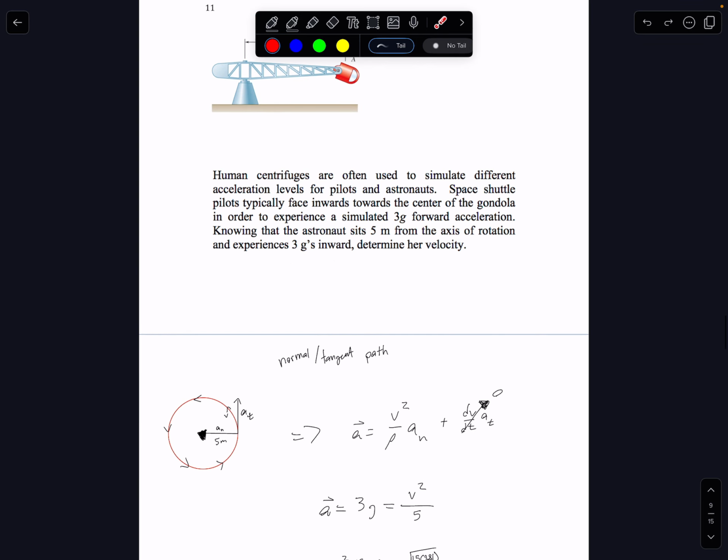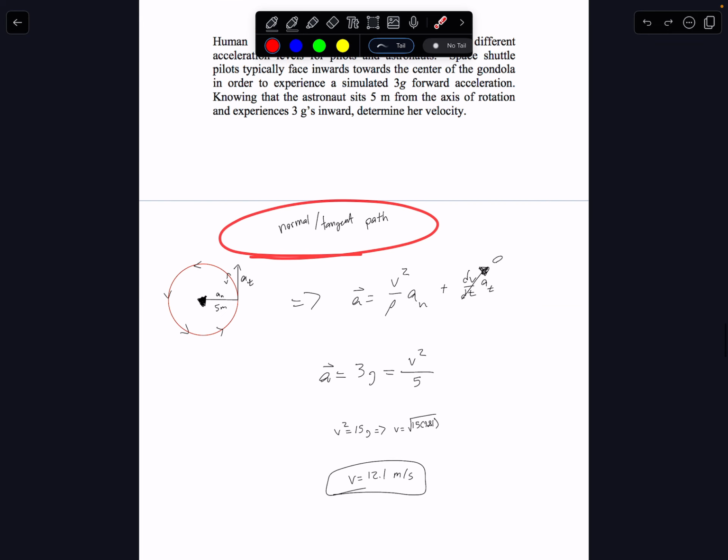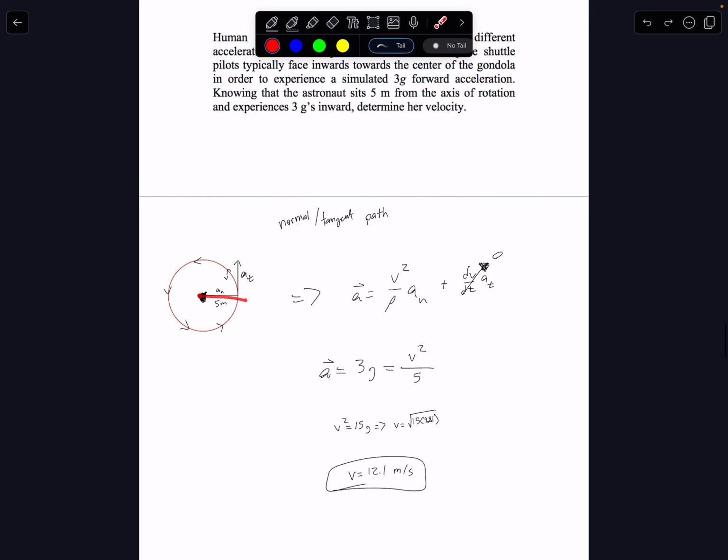This is a very simple problem. It's all about centripetal acceleration, or the normal-tangent path. So spinning around in a circle, that's kind of a tangent. It's kind of like you're always going away, and then this is what's keeping you from going out. So you're being drawn in, I guess.